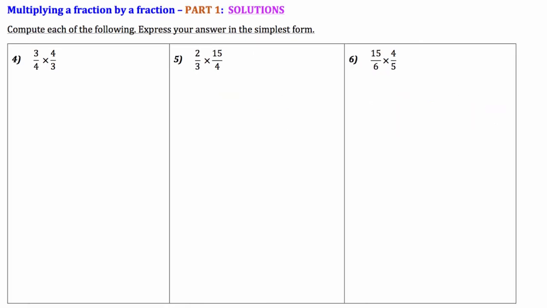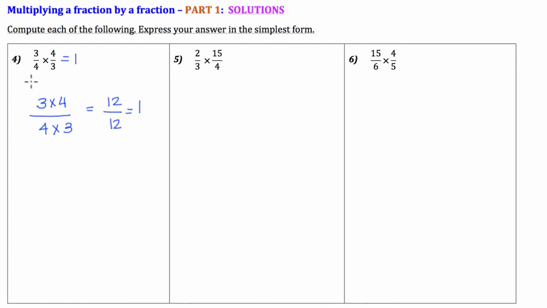So the next problem is 3/4 times 4/3. Let's start by multiplying the numerators, that is 3 times 4, and multiplying the denominators, 4 times 3. Now 3 times 4 and 4 times 3 will have the same answer. In this case, it's 12. So this will be 12 over 12, and that is equal to 1 whole.